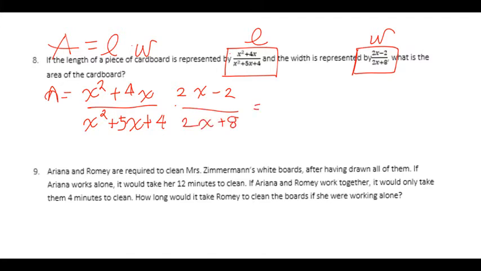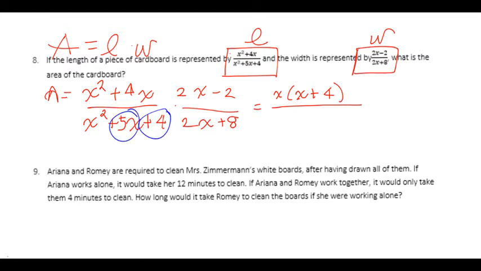We're going to do this the way that we multiply all rational expressions, which is to start by factoring. The first numerator has a GCF of x, and the denominator is a quadratic polynomial, which means we want to see what multiplies to 4 and adds to 5.